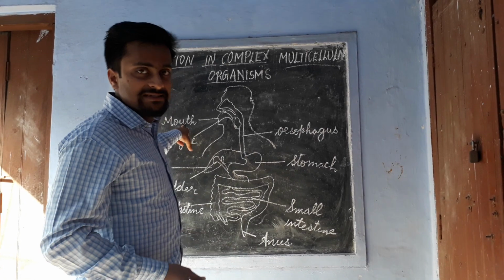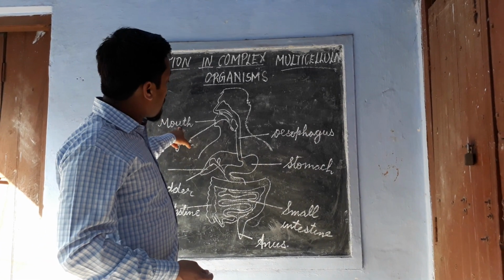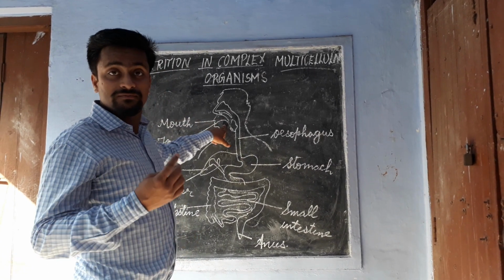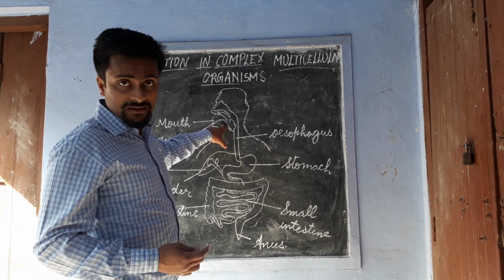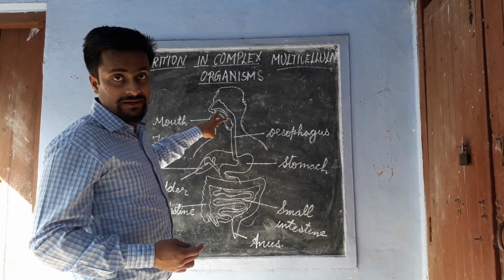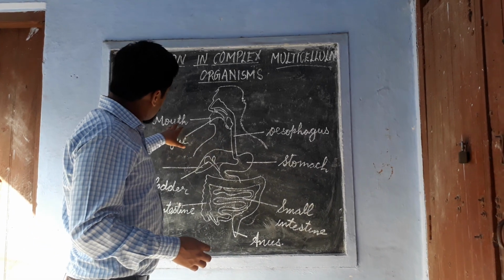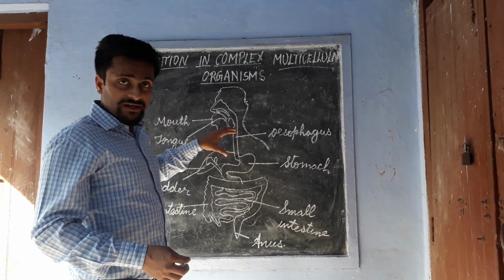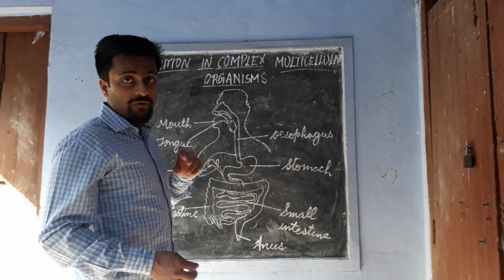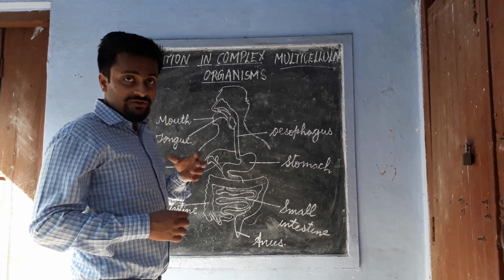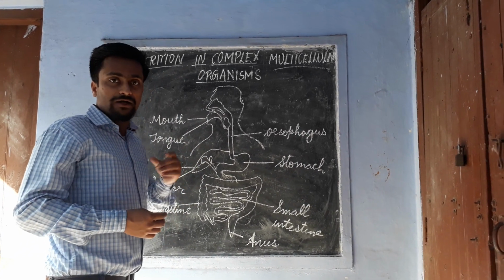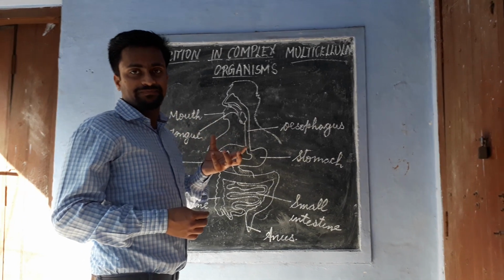The second process is digestion. Our mouth consists of teeth, tongue, saliva, and mucus. So what happens? As soon as the food is put into the mouth, our teeth chew the food, grind the food and convert it into smaller particles.